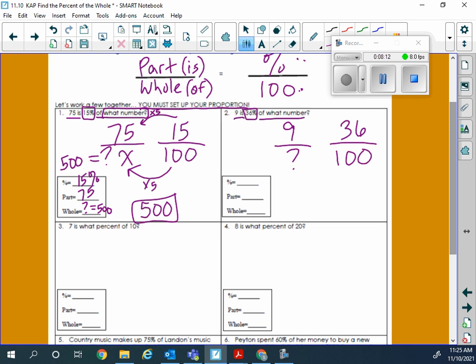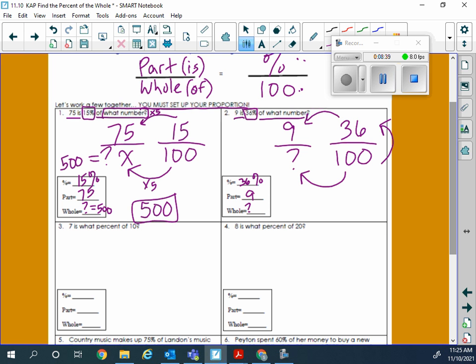So again, we know 36%. We know the part. We're looking for the whole. Okay? If we go from what we know to what we don't know, and remember yesterday there were also multiple ways to solve them, right? So I've only just been solving it one way. Remember that you could also possibly look this way. But in this case, do you think it's easier to go from 100 to 36 or from 36 to 9? 36 to 9.